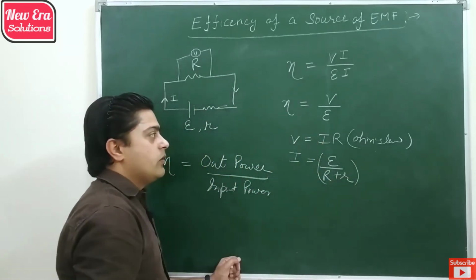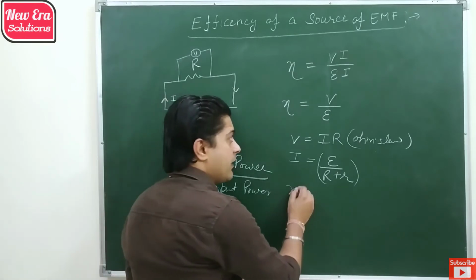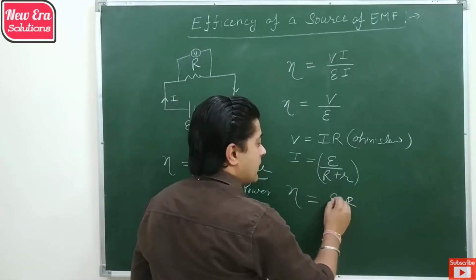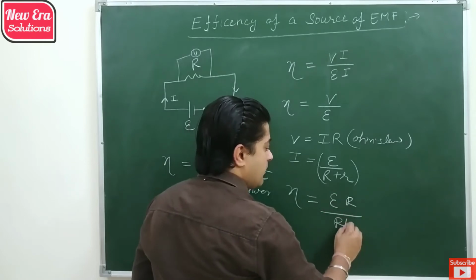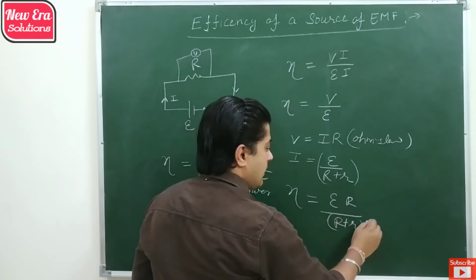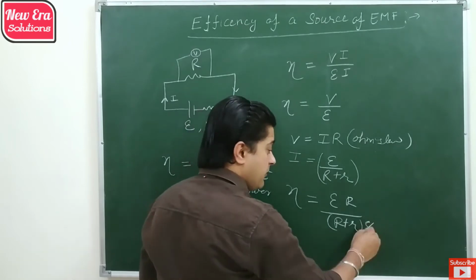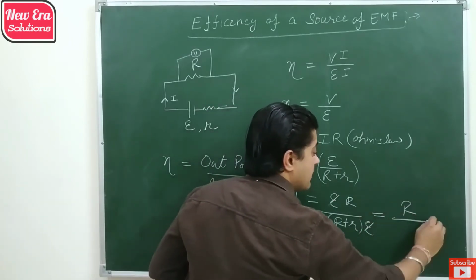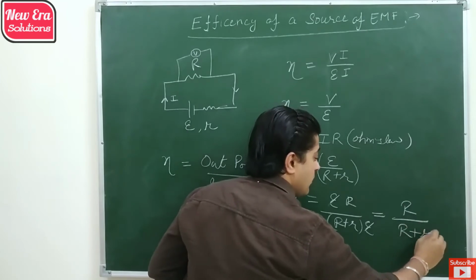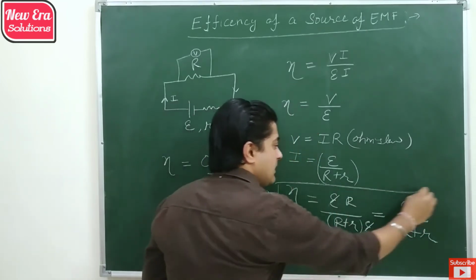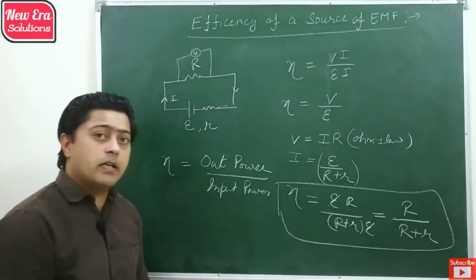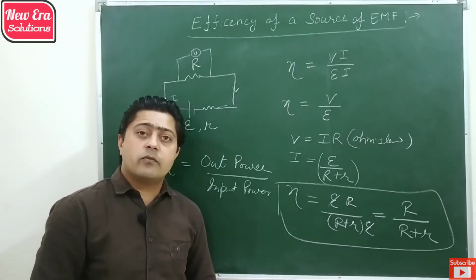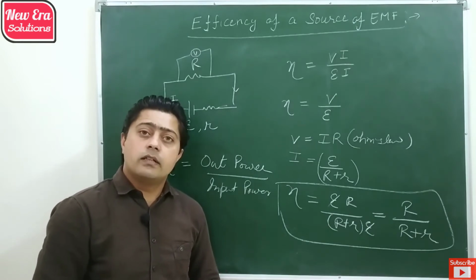By putting this value in the above case, we get efficiency is equal to R into E upon R plus r into E. So EMF cancels out and the efficiency of the source is the external resistance upon the sum of the internal as well as external resistance. So by using the external and internal resistance, we can find the efficiency of the device.